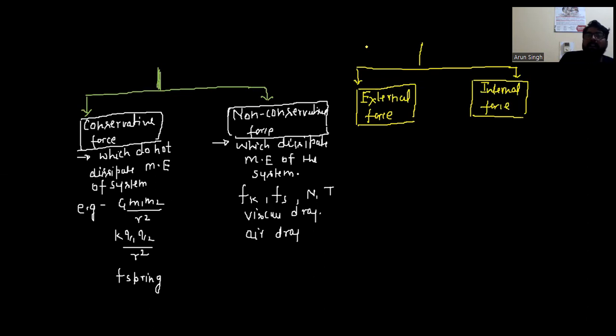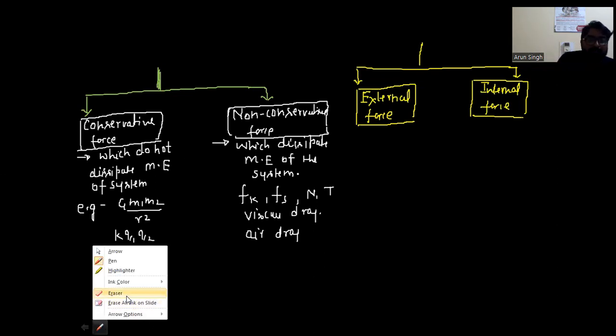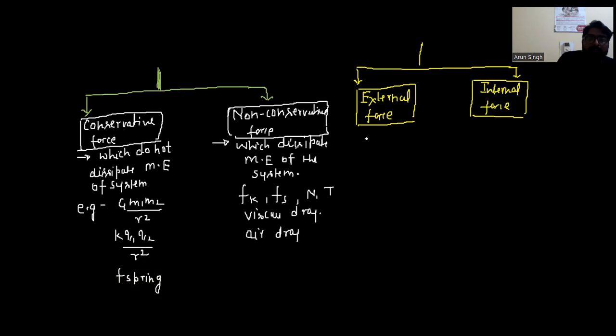We can say this system is separate, so the particle will go out of the system. This is basically based on selection of system. I'm giving an example, don't worry.